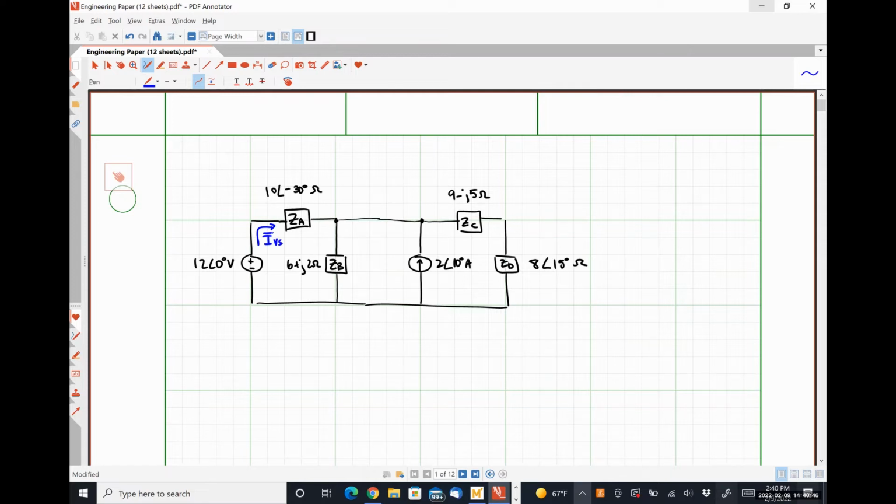It looks like we'd probably try to do something wacky like a mesh, since there are 3 meshes here. Maybe some form of nodal could be a possibility as well, but since we're going to use source transformation, let's do that. So I would posit that we can do a single source transformation to turn this ugly looking circuit into a single loop circuit, for which we could apply just a single KVL equation in order to find our unknown quantity IVS, okay? So how would we go about doing that?